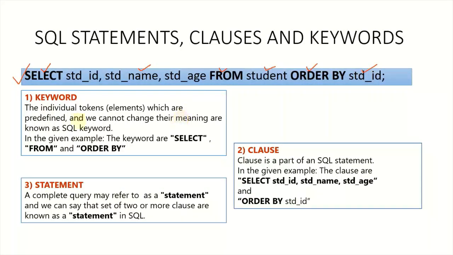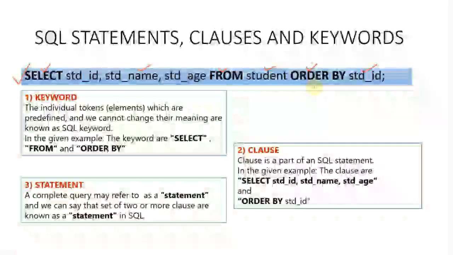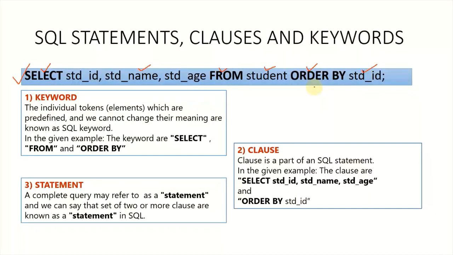So first, keyword. Keywords are the individual tokens or elements which are predefined. Like select, from, order by, these are predefined and we cannot change their meaning in SQL. These must perform their operations as they are defined for. In the given example we have select, from and order by as keywords.